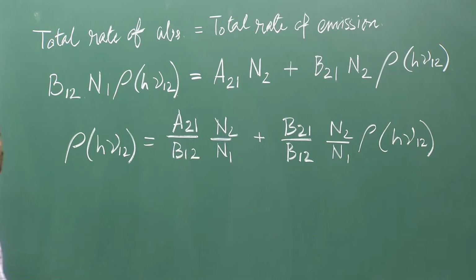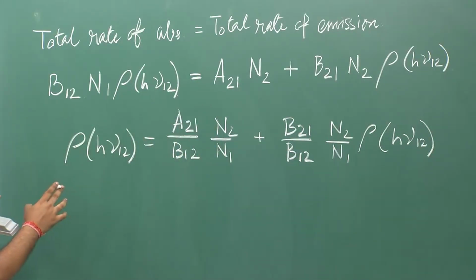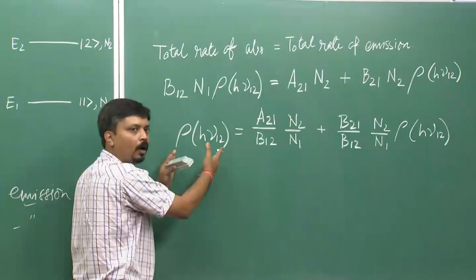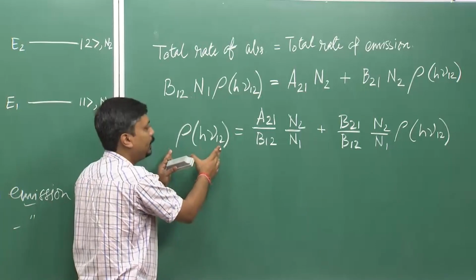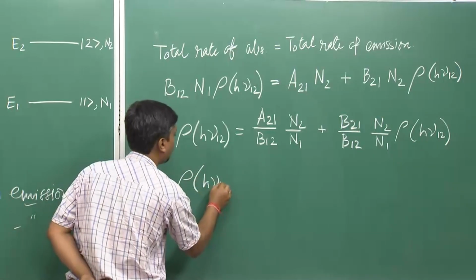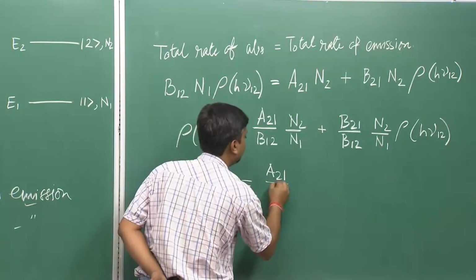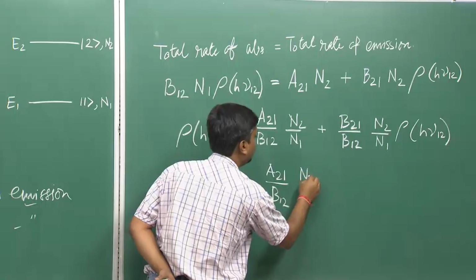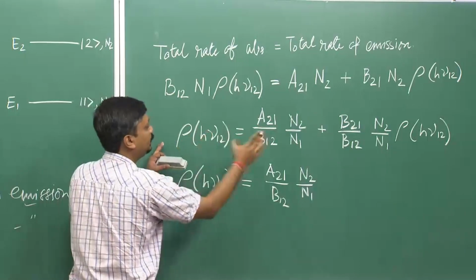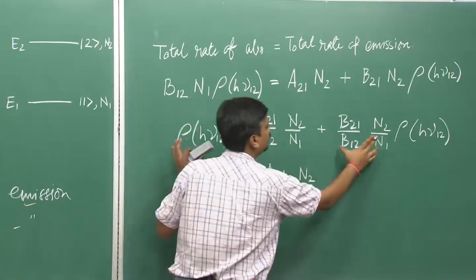Now what we need to do is take this part on the left side, and because both of them have this term rho, take rho outside, so that we can get a final expression for rho. If I do that, rho will be equal to A21 by B12 multiplied by N2 by N1. I have taken this part to this side, so this minus this part, taking rho out of the bracket, I have 1 minus this part.